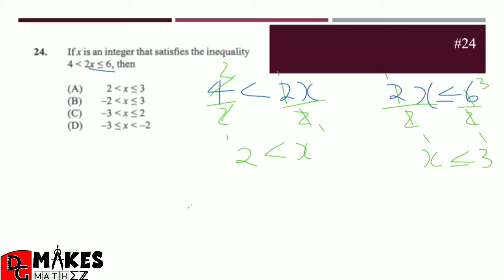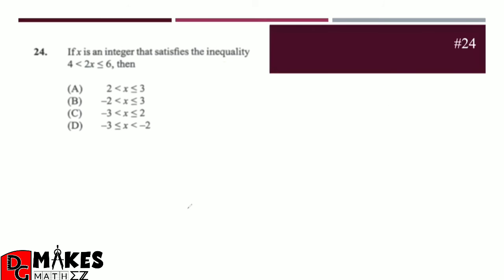Which means we can now combine our answers to say 2 is less than x, which is also less than or equal to 3. All right, so x ranges from the values that are bigger than 2, but less than or equal to 3. By the way, this could all be done at once. That's also fine.